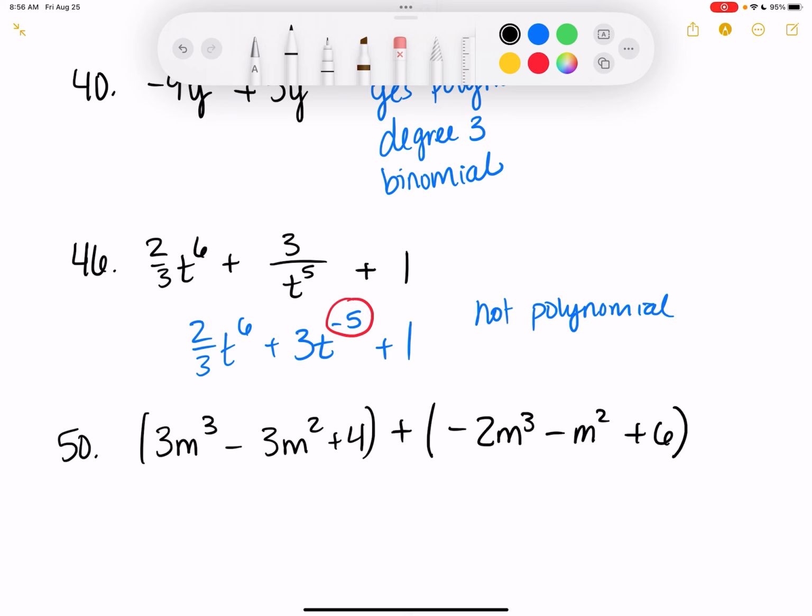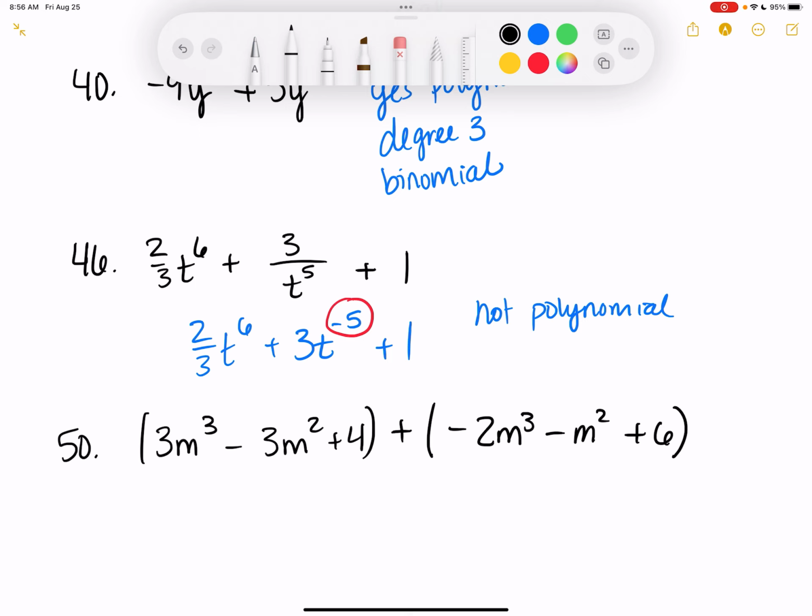So with addition problems, it's not as critical that the parentheses are around it. The problem has them to begin with, but if it was a subtraction problem, it is, because that would mean that everything inside that parentheses is being subtracted. So when we get to a subtraction one, I'll show you what I'm talking about.